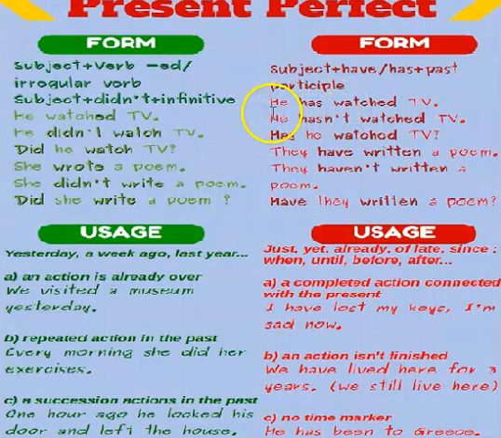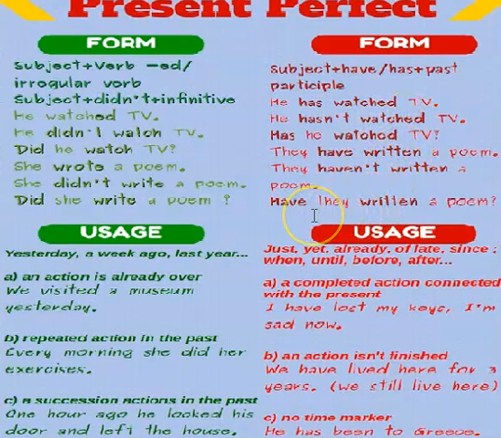we usually have subject, verb in the present perfect, has or have plus past participle. Okay, in affirmative, negative, he or any other subject, plus has or have and not, hasn't, haven't, and then the past participle form.